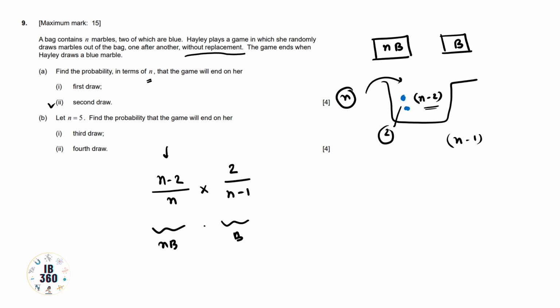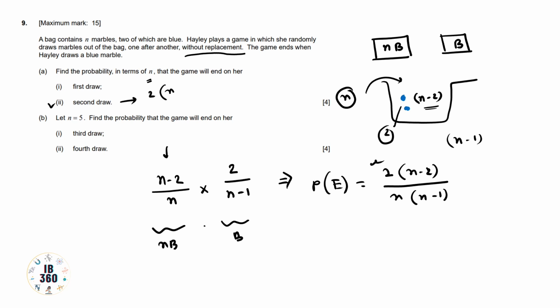So the probability of the event is 2 into n minus 2 divided by n into n minus 1. This is the probability for the second draw.